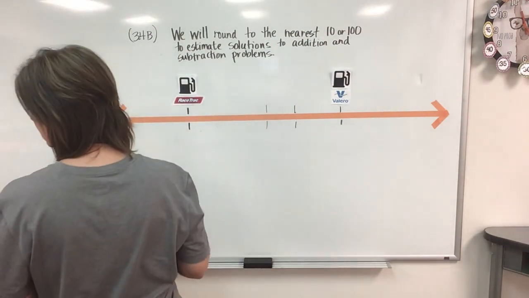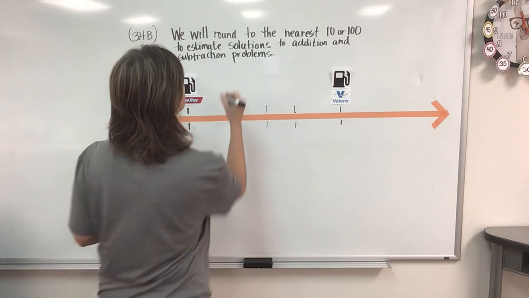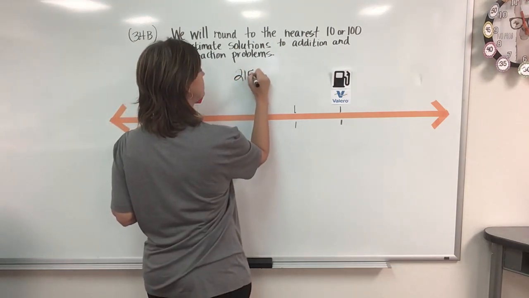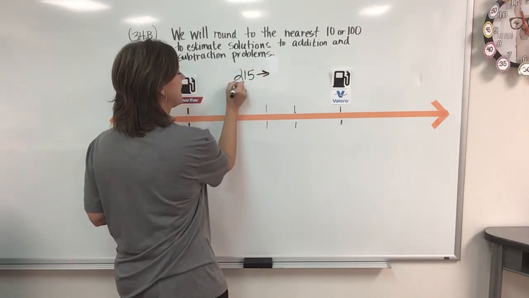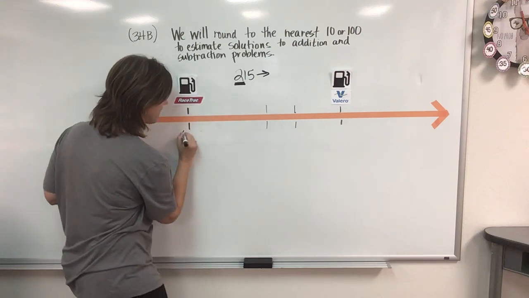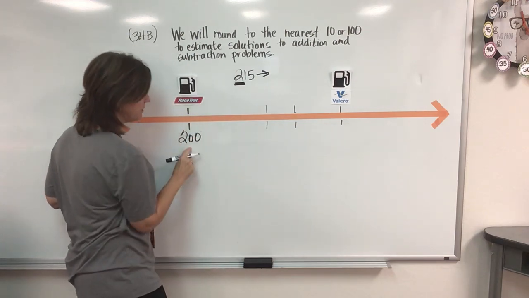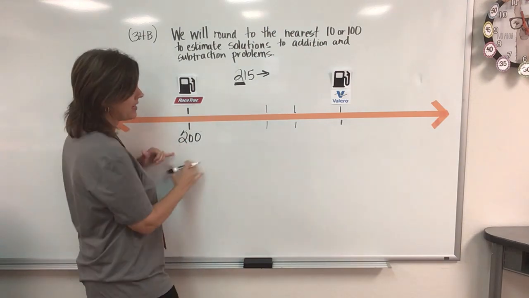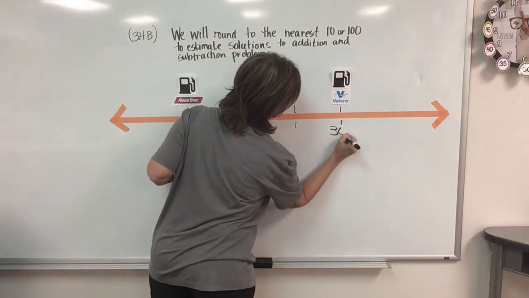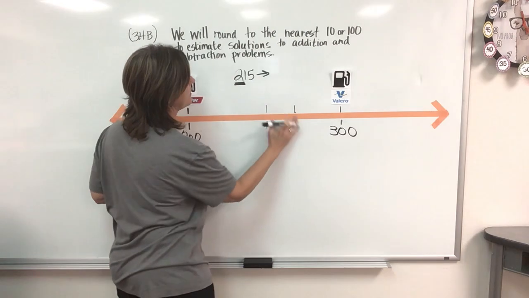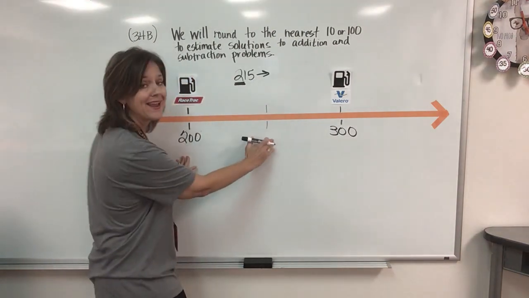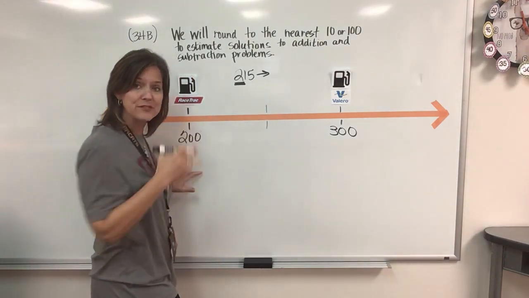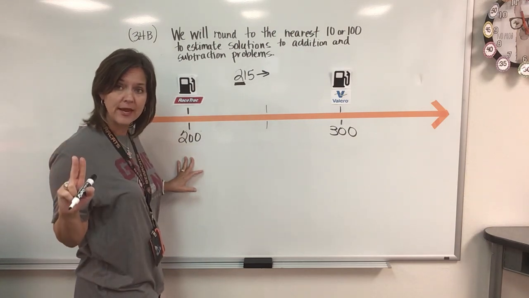What if I do the number 215? Again, I'm going to use this first number to be my first 100. And then the next 100 would be 300, 200, 300. Halfway is always the 50 because there's two 50s to make 100.